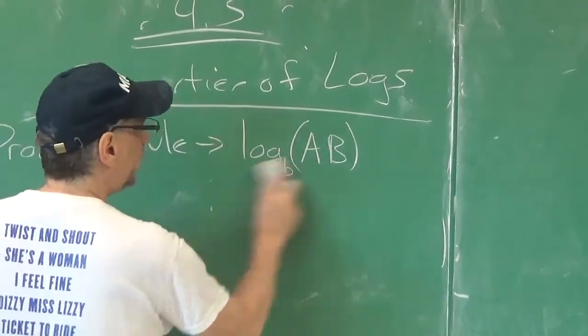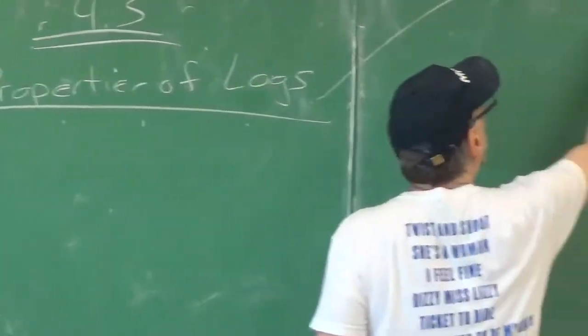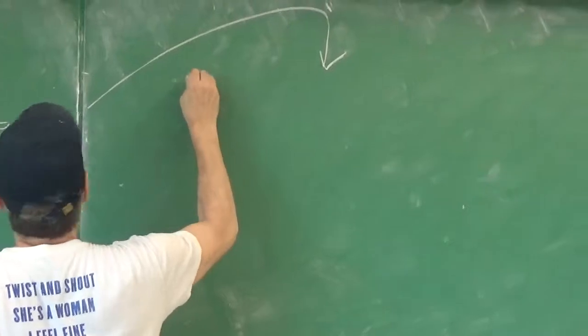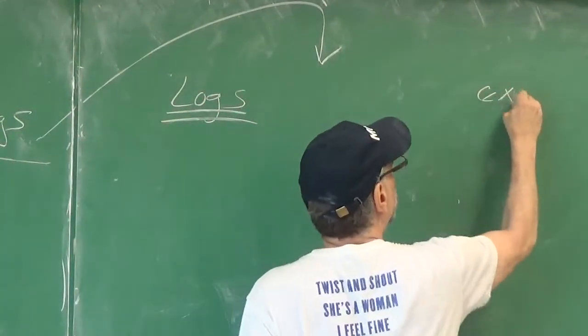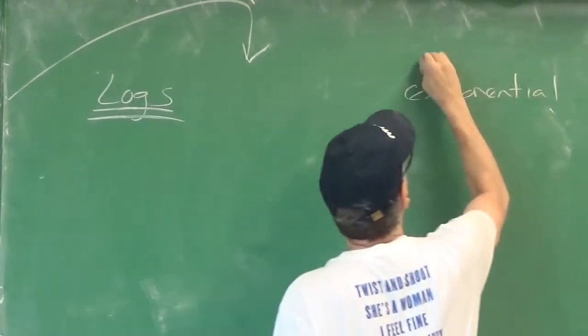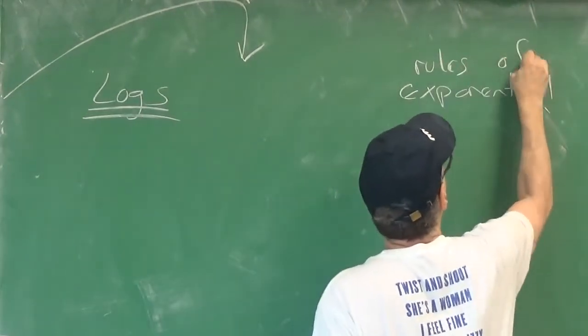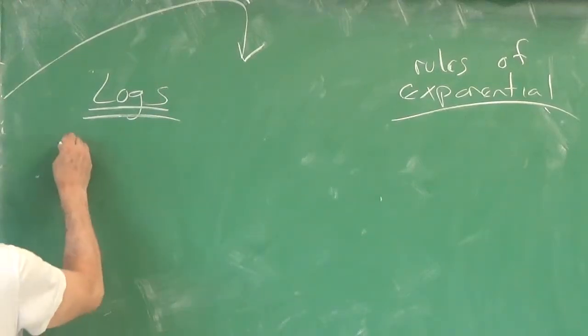Let me write this over here because I want to compare it to exponential rules. Because again, remember, logs are exponents, so it's good to see the connection between the properties of logs and how they connect to the properties of exponents.